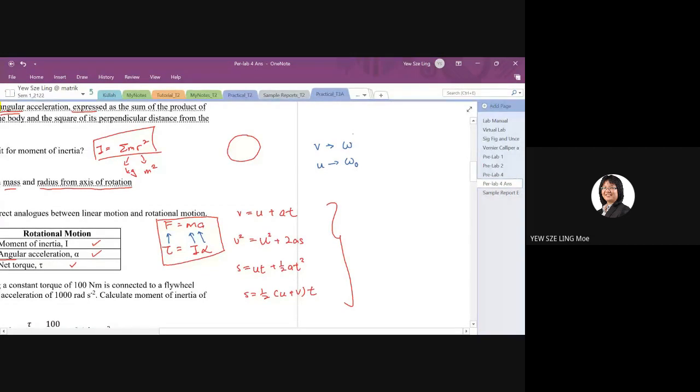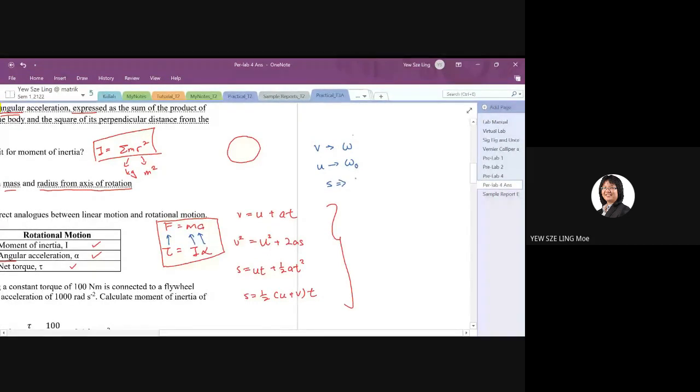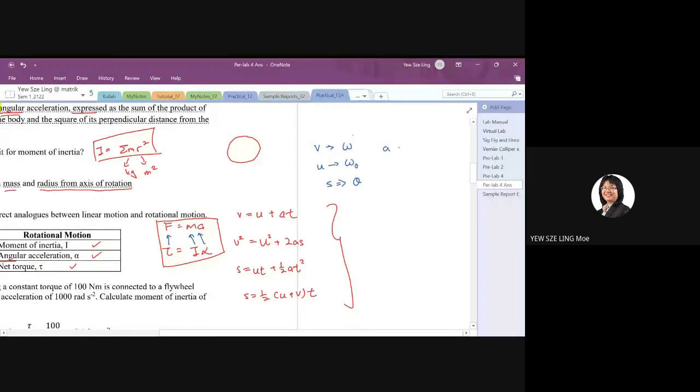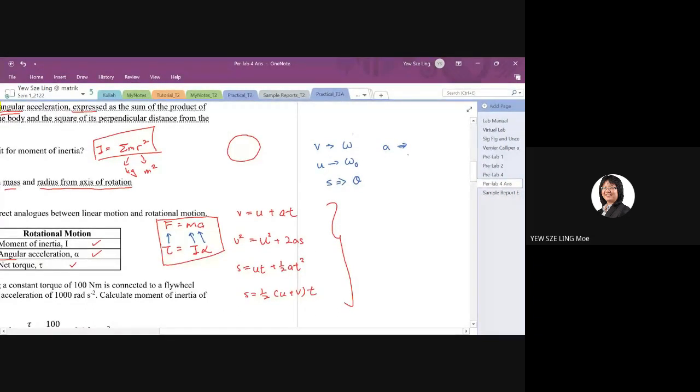So omega is final, omega naught is initial. s is a displacement, so the analog would be angular displacement, and the analog for a, acceleration, is angular acceleration. Time is just a scalar quantity, so we don't have to change its symbol. It doesn't matter whether it's linear or rotational motion, you still have the same symbol.